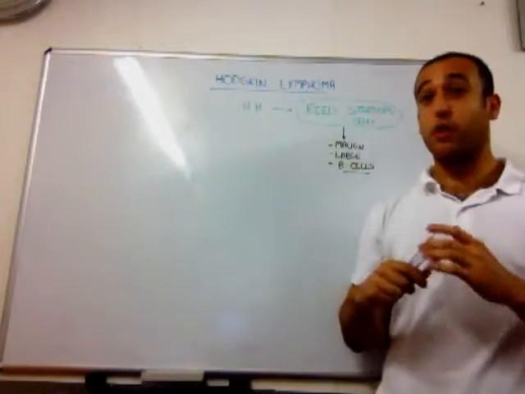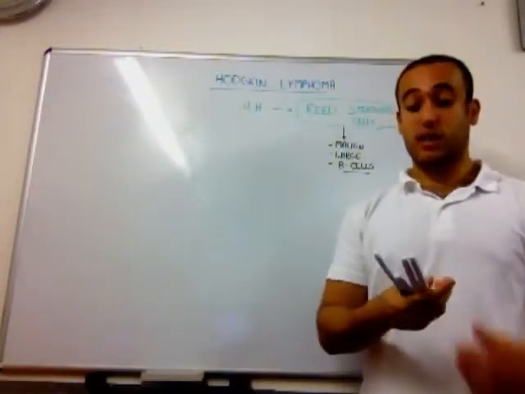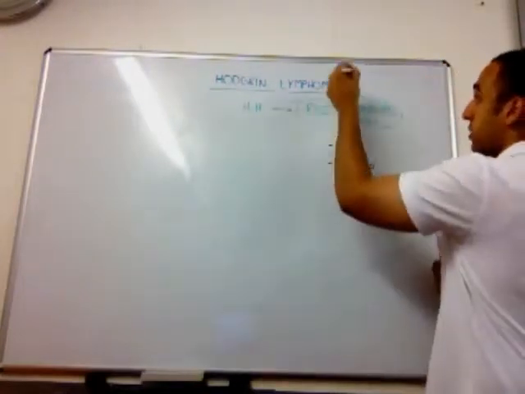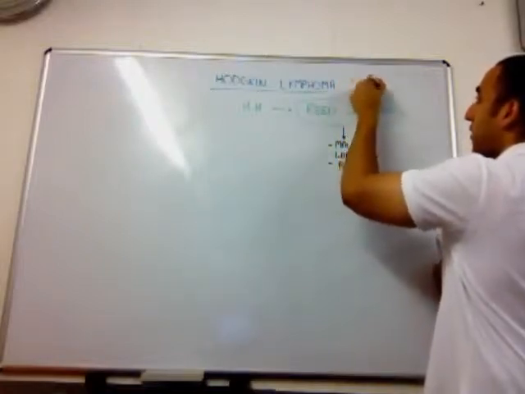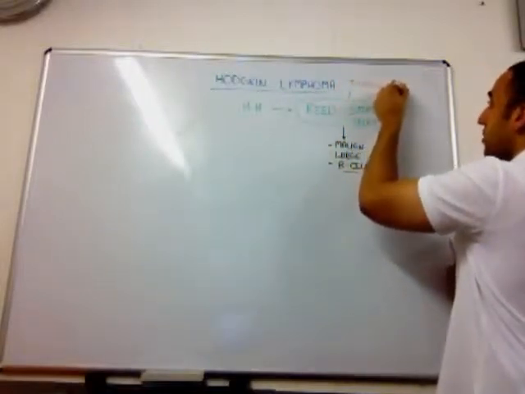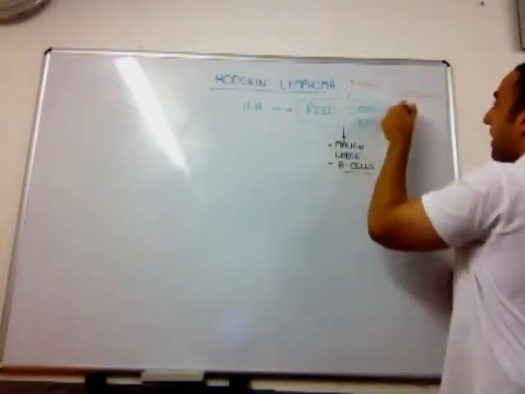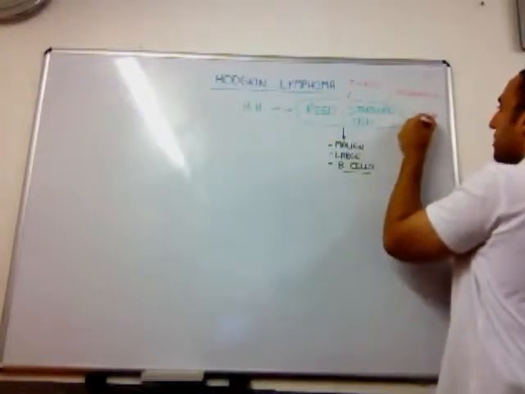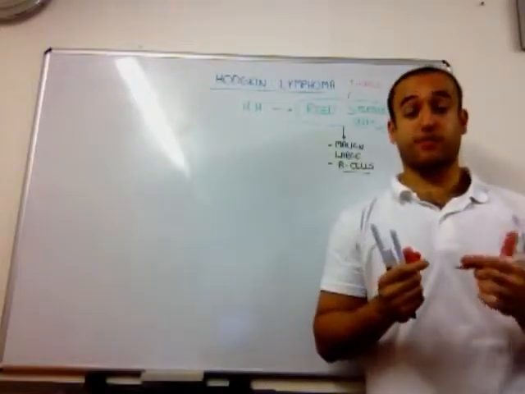So it's a very small number of Reed-Sternberg cells, but they're surrounded by certain other cells. These can be T lymphocytes, non-malignant, completely healthy T cells. We can have eosinophils, and we can have plasma cells. All of these can surround the Reed-Sternberg cell.